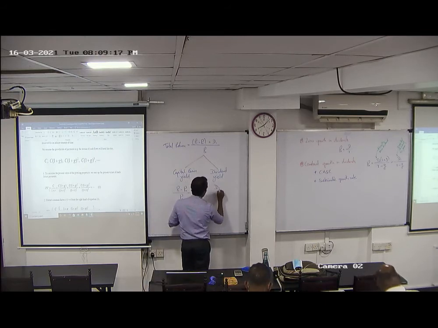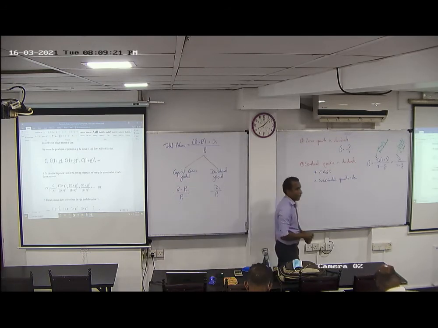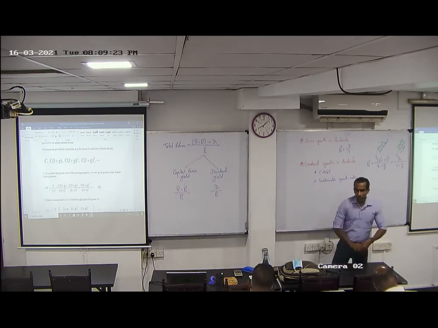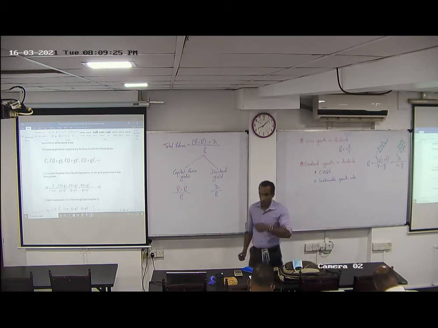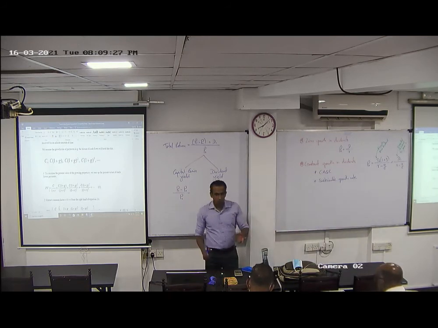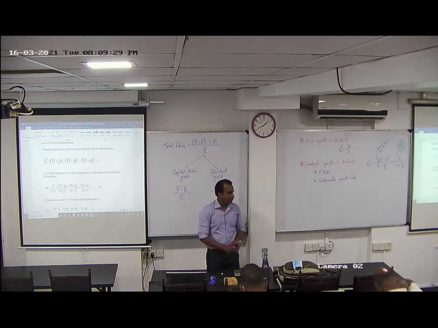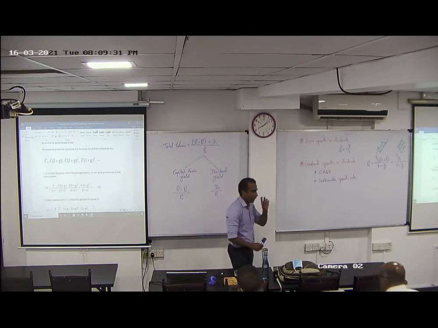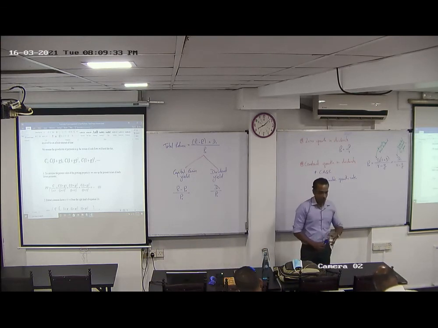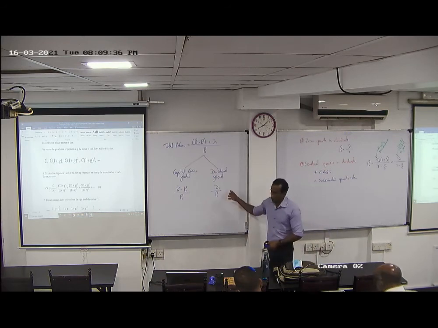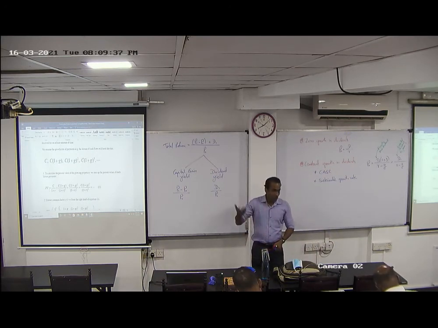Dividend yield means D1 divided by P0. Capital gain means what? We can get a capital gain only if the share price increases, only if there is growth. Capital gain indicates the growth. We expect dividend and also price appreciation.